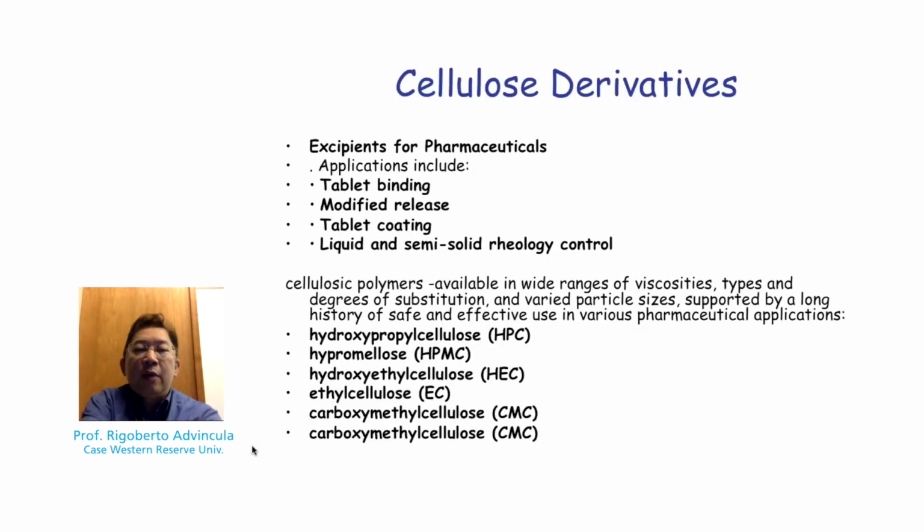Cellulose derivatives are worth investigating further because they're some of the most common pharmaceutical excipients that are used for tablet binding, controlled release, coatings. So as you can see here, this derivatized cellulose can be in the form of hydroxypropyl cellulose, ethyl cellulose, carboxymethyl cellulose, and so on.